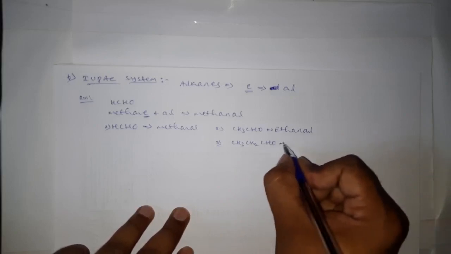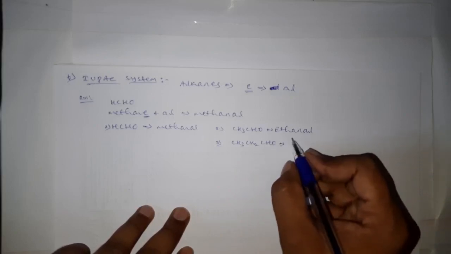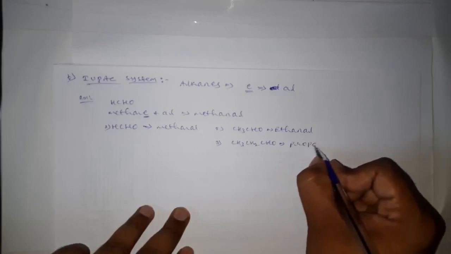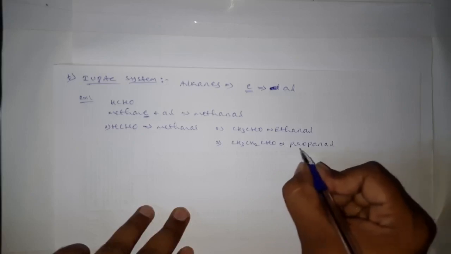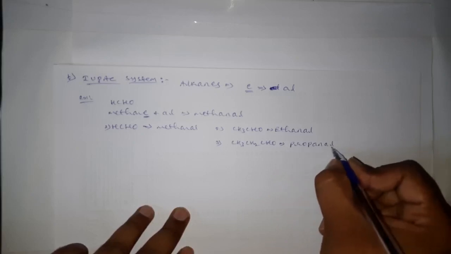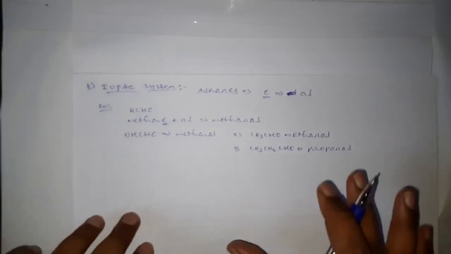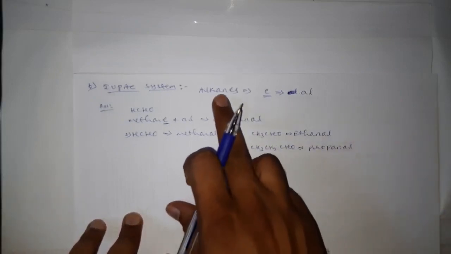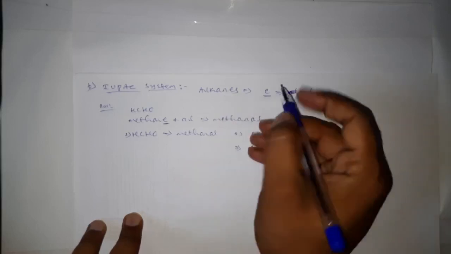This is derived from propane, and after replacing the E and adding Al, we will get propanal. The IUPAC names of the aldehydes are derived from the names of the corresponding alkanes by replacing the E of an alkane with Al.